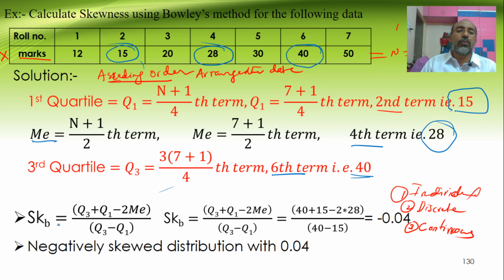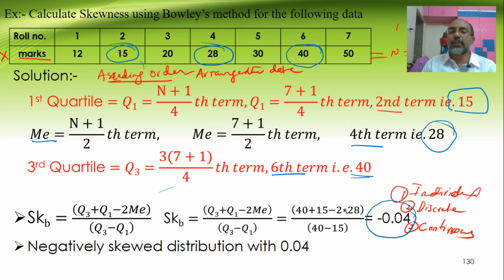Coming to how to calculate SKB, B means Bowley. As I said, it is (Q3 plus Q1 minus 2 median) divided by (Q3 minus Q1). Substituting the values, 40 plus 15 is equal to 55. 2 into 28 is 56.